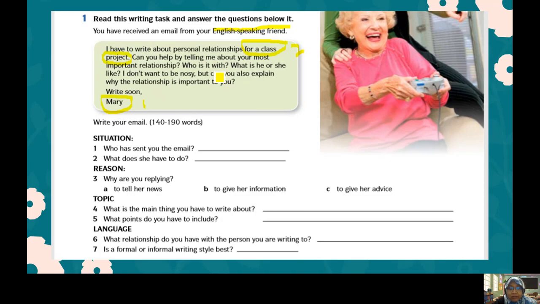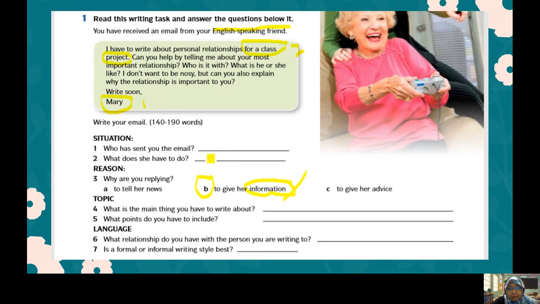So which one is the best answer? Good. The correct answer is definitely B. You want to give her all the information needed here. You are not giving her advice. You are not telling her any news.